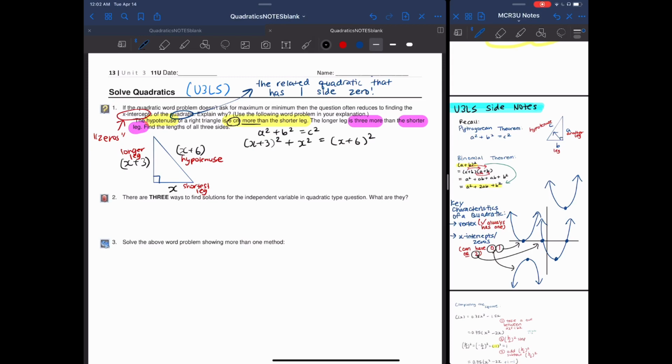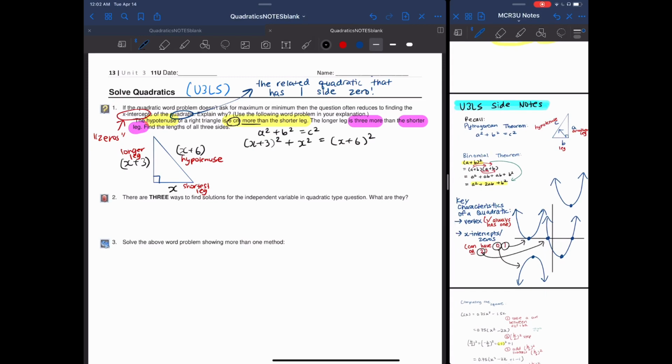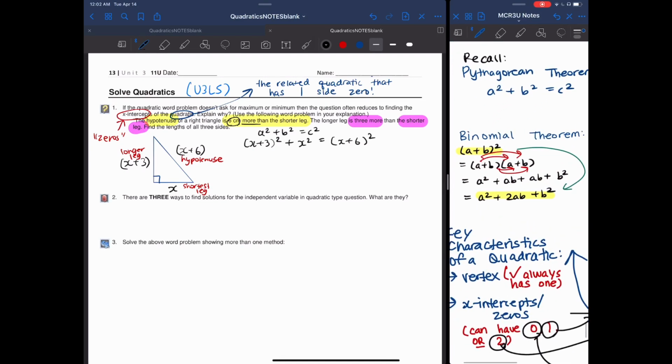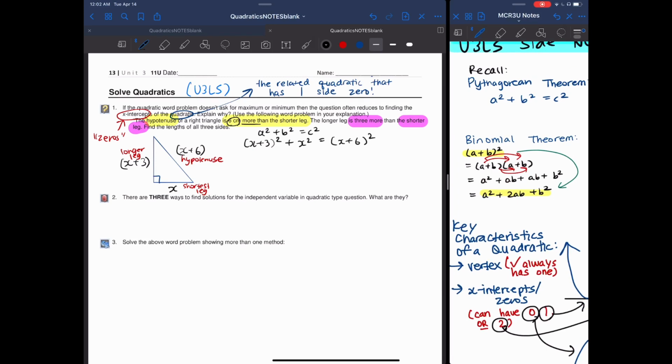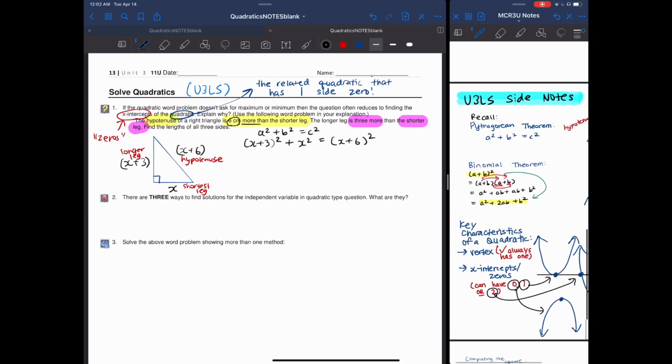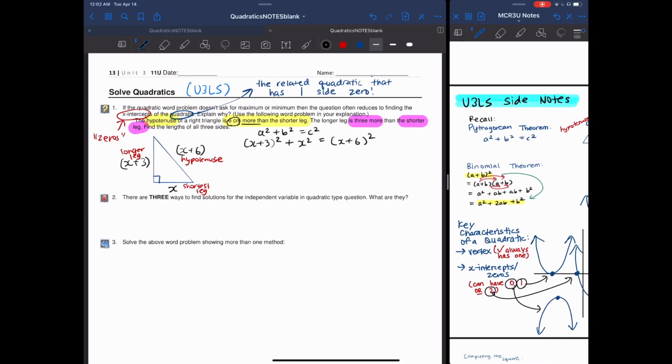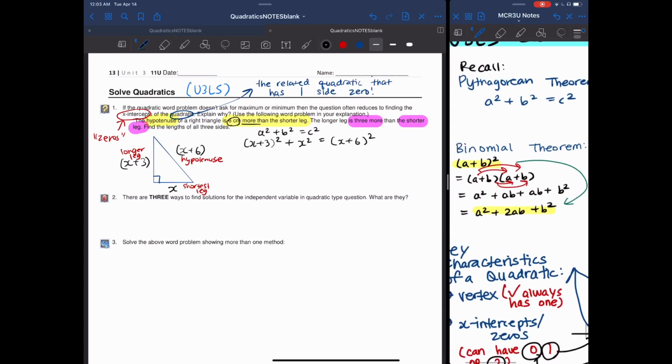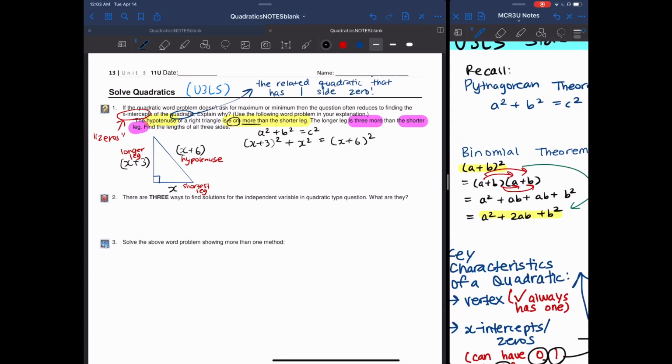All right, next. On the side notes, I wrote what the binomial theorem is. It just means that I write the (a plus b) twice, FOIL it out, and get a squared plus 2ab plus b squared. With more and more practice, you'll go straight from the yellow to the green arrow, right away, otherwise it might look really busy.